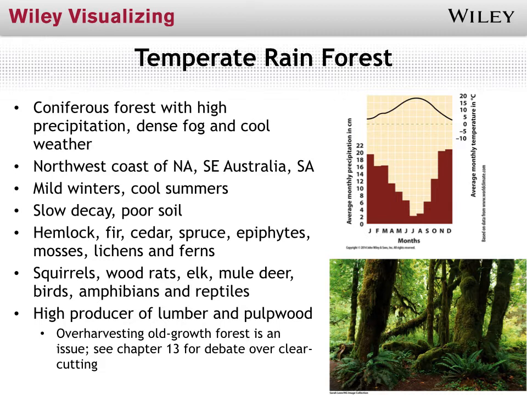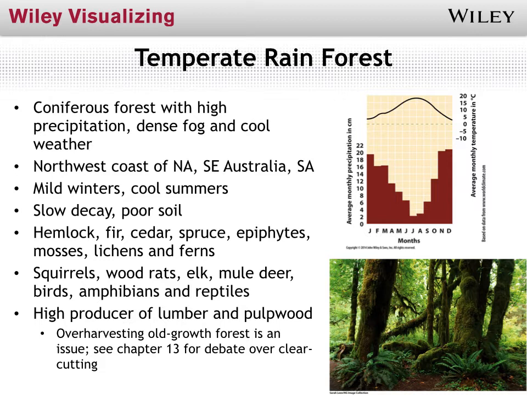Because they're near the ocean, these areas have mild winters and cool summers, never really cold, never really hot. And again, you can tell that by looking at the precipitation temperature graph. Again, dominated by conifers, but different species: hemlocks, firs, cedars, spruces, etc. And then a variety of animals, again, just a few that are listed here.